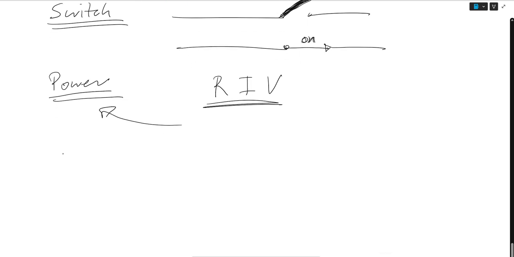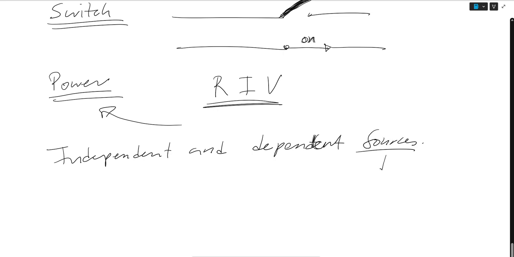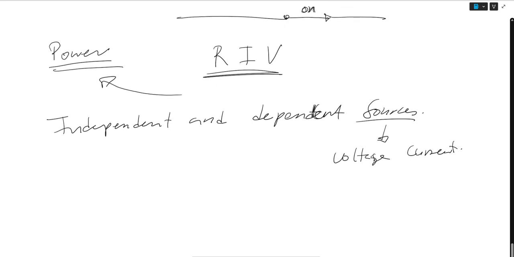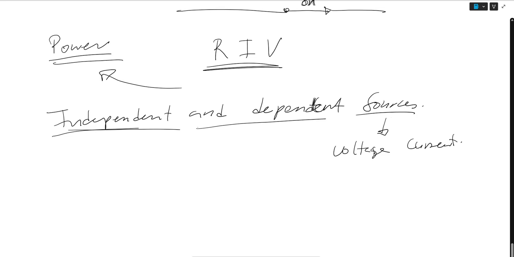And then we'll talk about what's called independent and dependent sources, where these sources can be a voltage source or a current source. And this is also a very, very important concept. So please stay tuned for that.